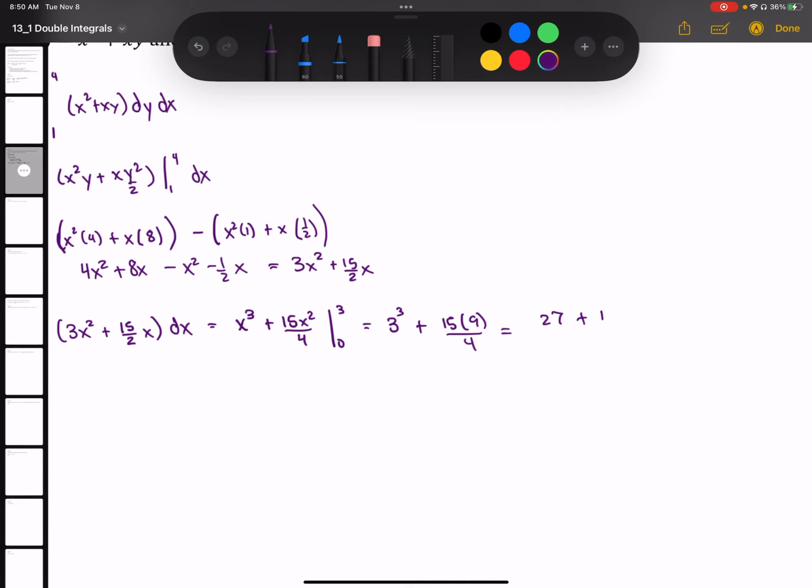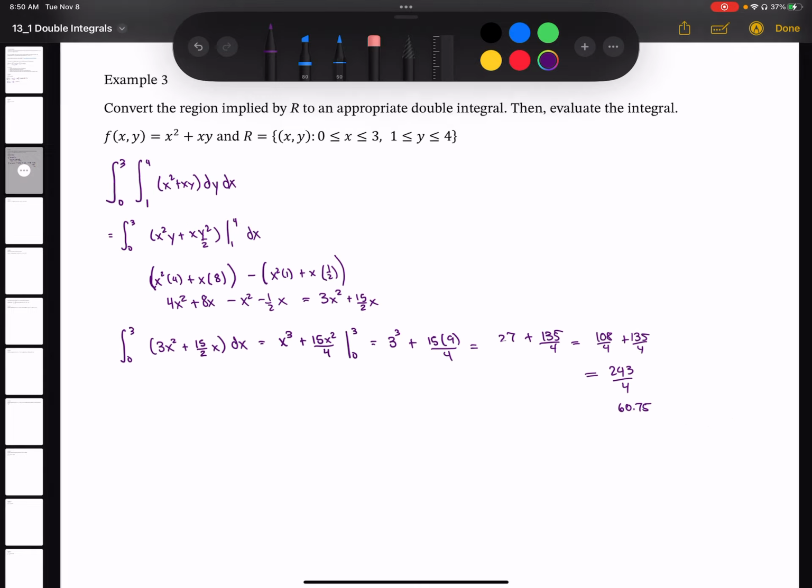Yeah, plus 135 over 4. And 27 is the same as, I believe, 108 over 4. So that's 108 over 4 plus 135 over 4, which is 243 over 4, or 60.75.